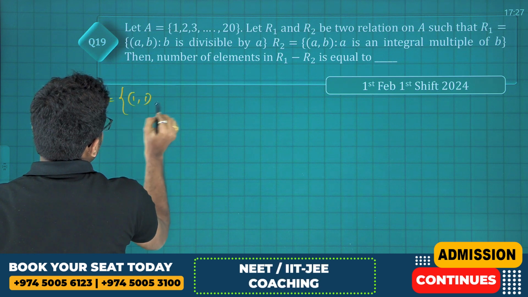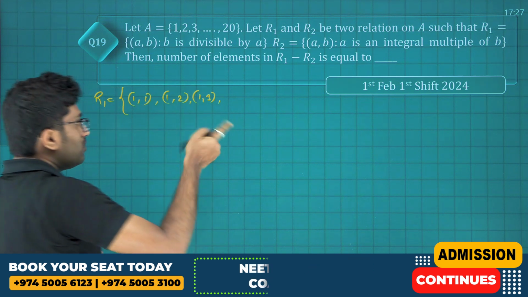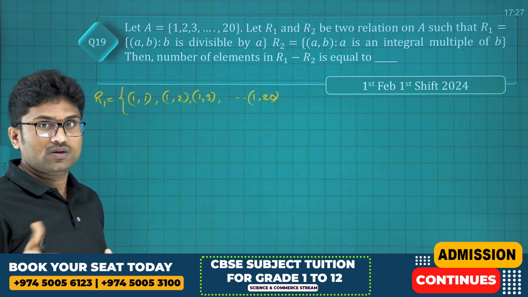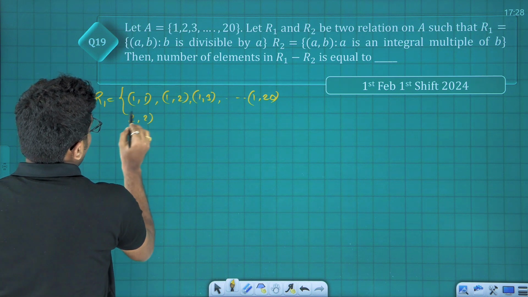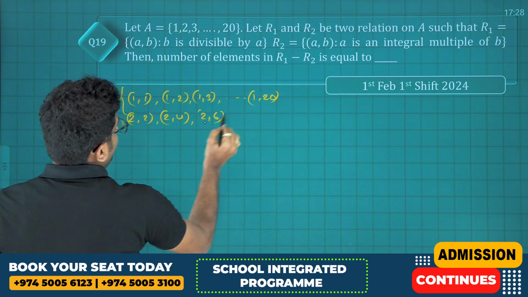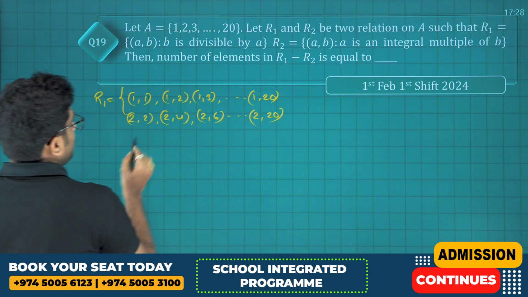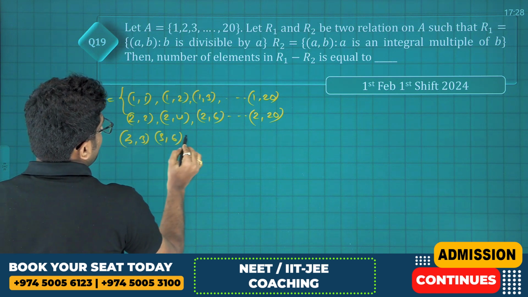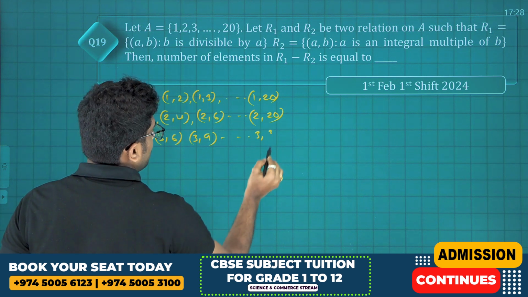1 comma 1, 1 comma 2, 1 comma 3, and so on till 1 comma 20. Next, coming to 2 comma 1, no, 2 comma 2, 2 comma 4, 2 comma 6, and so on till 2 comma 20. Next, 3 comma 3, 3 comma 6, 3 comma 9, and so on till 3 comma 18.